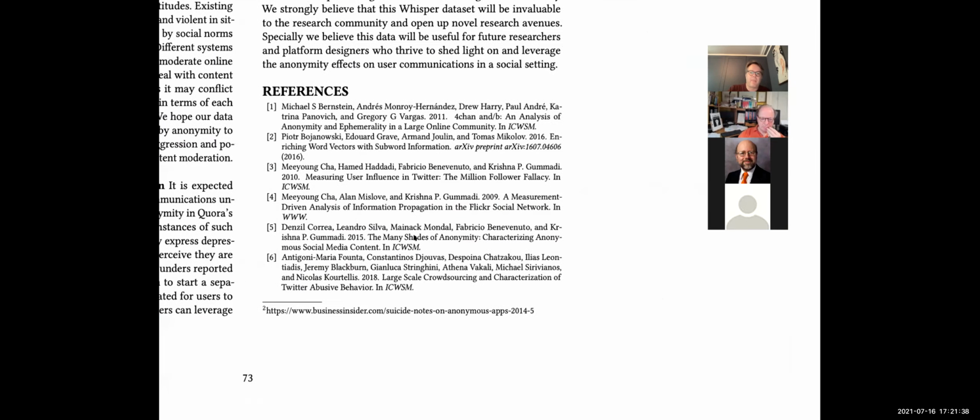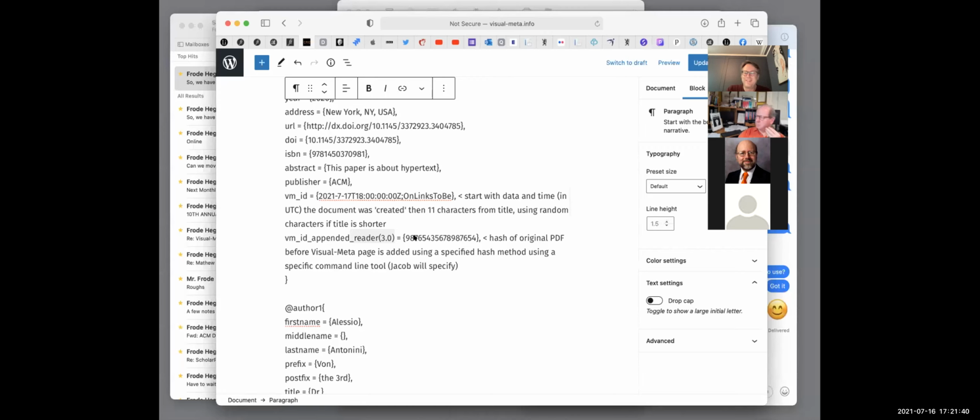So VMID underscore appended underscore reader. Does that then mean that, say Acrobat Reader adds support for this, does that then become VMID underscore appended underscore Acrobat Reader? Whatever it becomes, version?